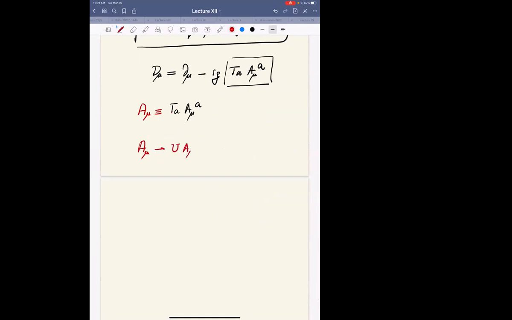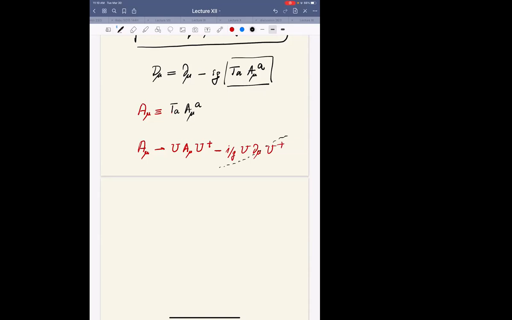Remember, you actually knew this. There is a plus or minus sign, I believe a minus sign: something like U d mu U dagger. This is the gauge piece, just don't worry about this.